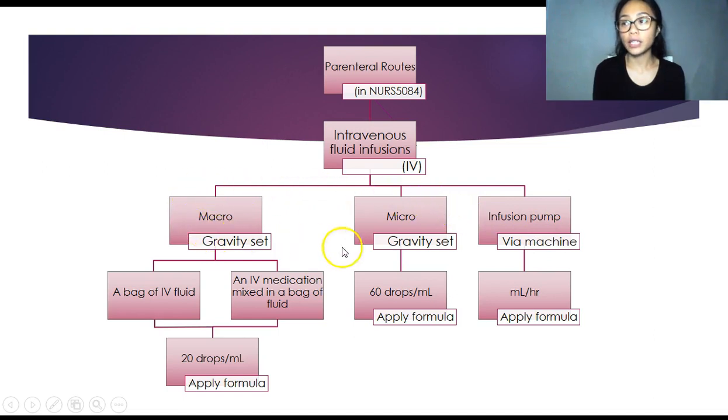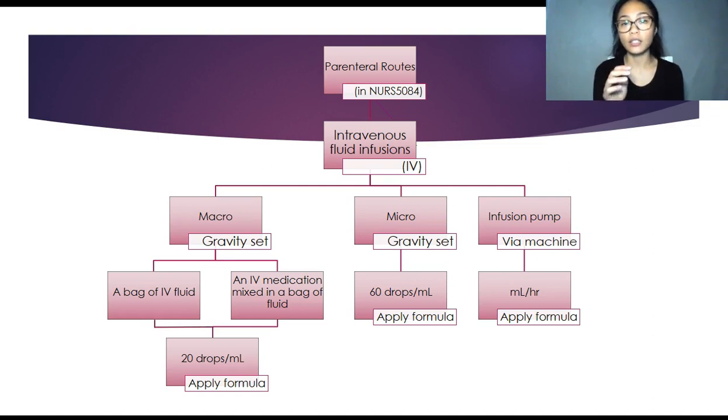If we go back to the left and to the middle, macro and micro being gravity sets, it requires the nurse to regulate the infusion. The way that we do that is through a mechanism called a roller clamp. We release the fluid or stop the fluid through the control of a roller clamp. And we have to actually watch how many drops are dripping within a minute.